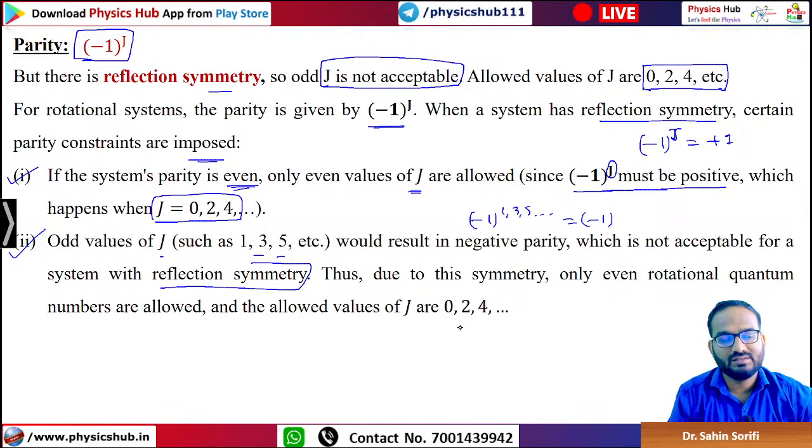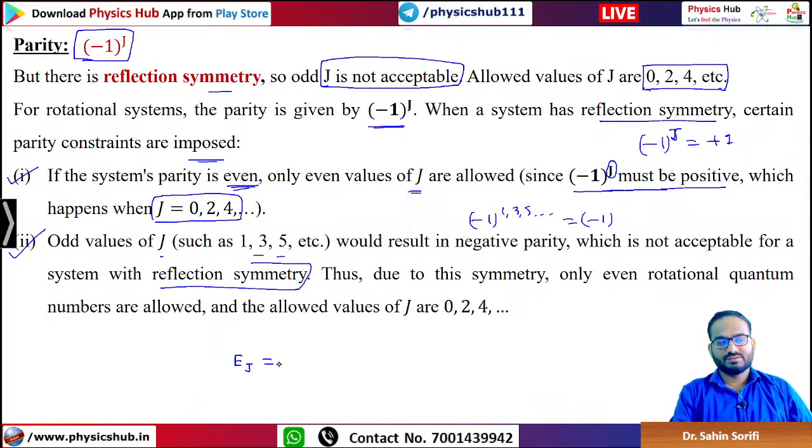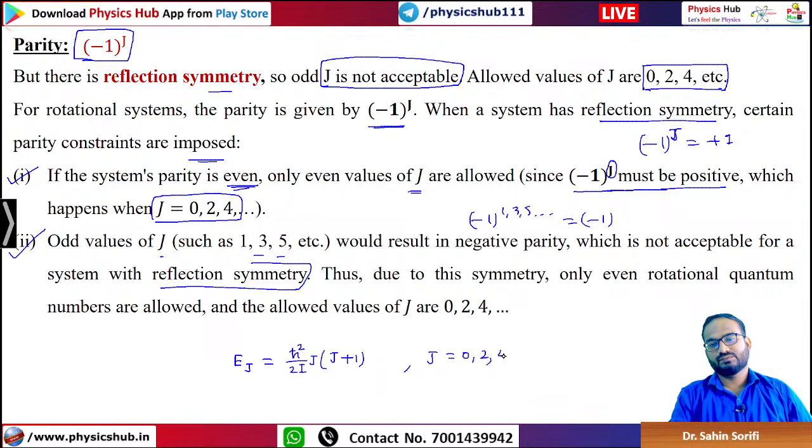So your modified formula is E_j equals h cut square by 2I into j into j plus 1, where the allowed values of j are 0, 2, 4, 6, 8 and so on.